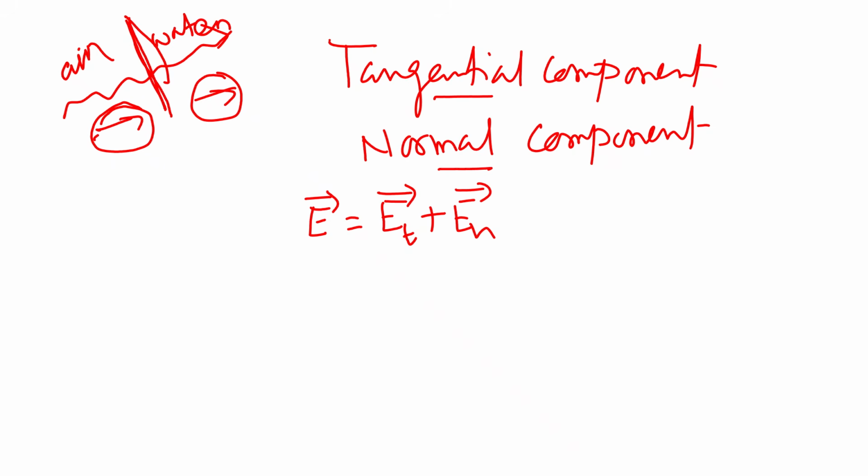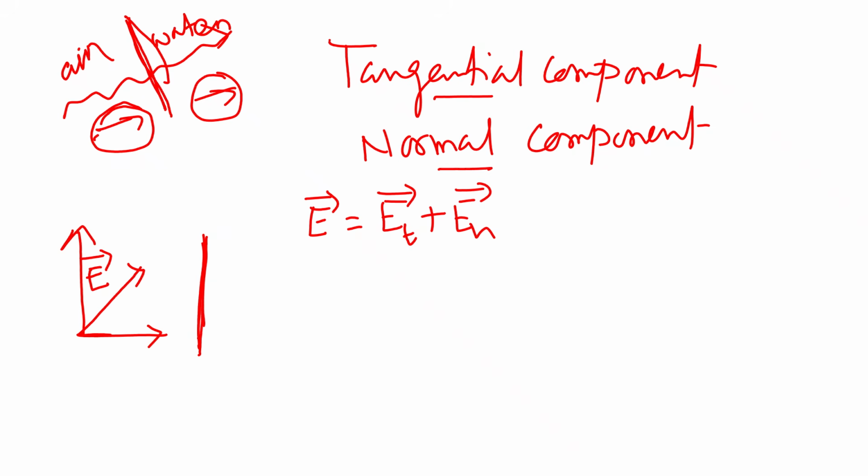Okay, so now what is the tangential component or what is the normal component? It depends on the orientation of the surface. Let us say my surface is like this, it is aligned vertically, and this is the orientation of the electric field. So now I can divide this electric field into two components. One is this horizontal component, and then this is the vertical component.